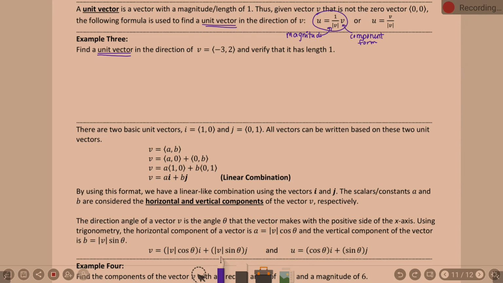In order to do the unit vector, we're going to use the formula I just circled, right? What do I have to know? We have to know the magnitude. Do I know the magnitude? Not yet is the key. Okay, so let's start by finding the magnitude. In order to find the magnitude, what are we doing?